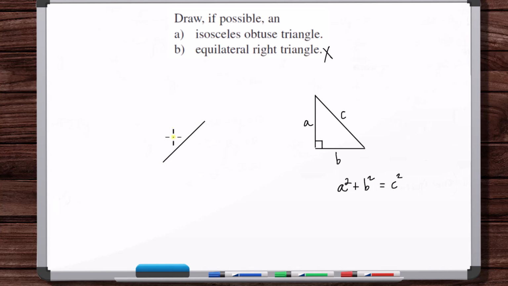So there's the equal side length, these two, exact same, okay? These are the same length. This is the obtuse angle, and then this can be whatever length you want. So there you go. Yeah, you could do that, but this is not possible.